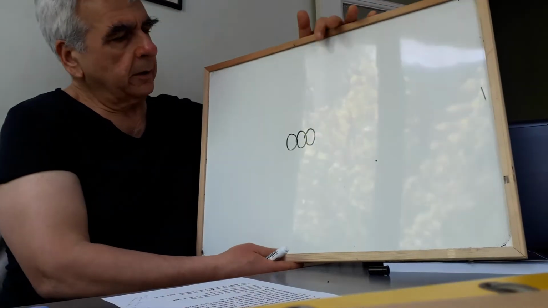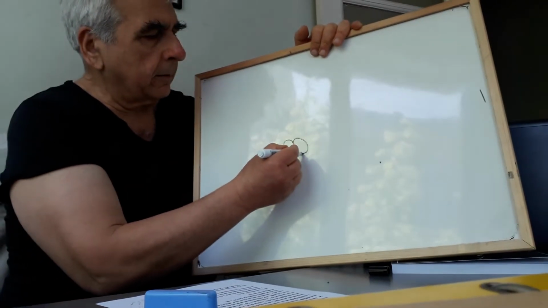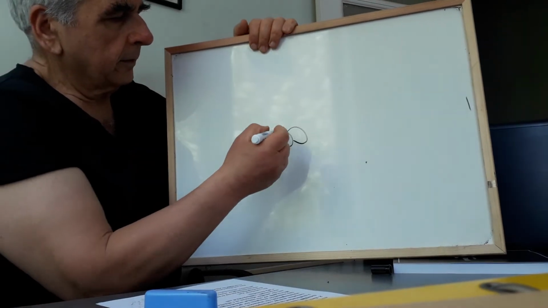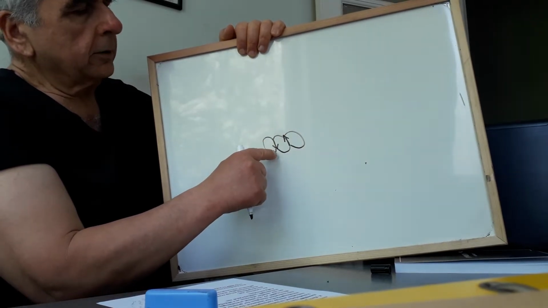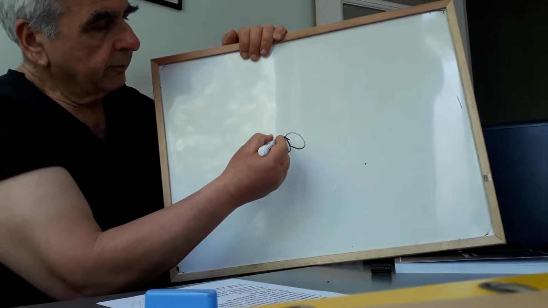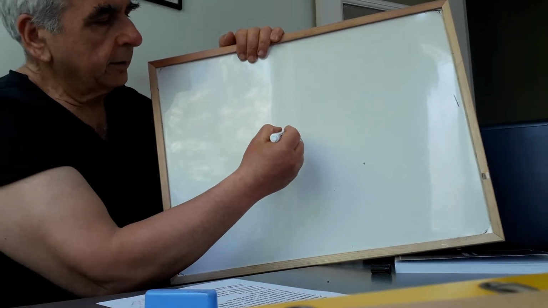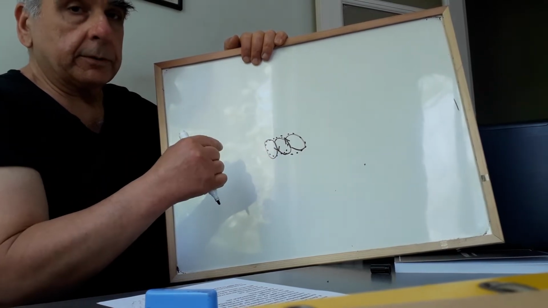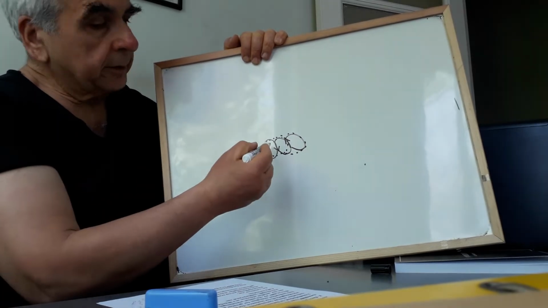Now, here, joint cyclical motion between two protons, okay? One proton here, another one there, okay? For each proton, there are two electron motion forms, okay?